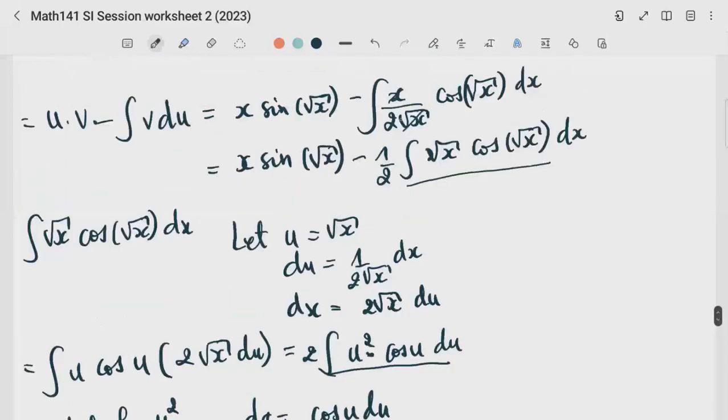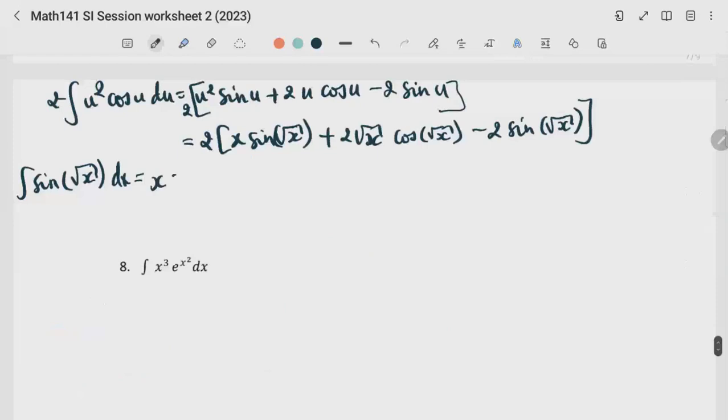Again, we have to take it now to this expression here. So the total integral, which is the original question, the integral of sine root x dx, is equal to x times sine root x minus half of this entire thing, right?